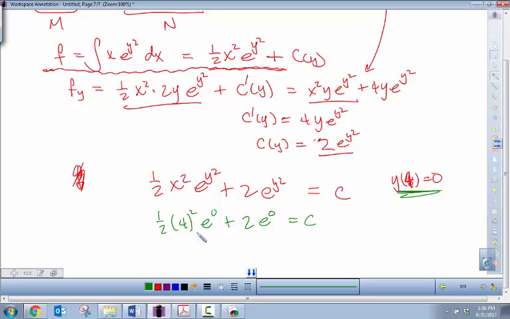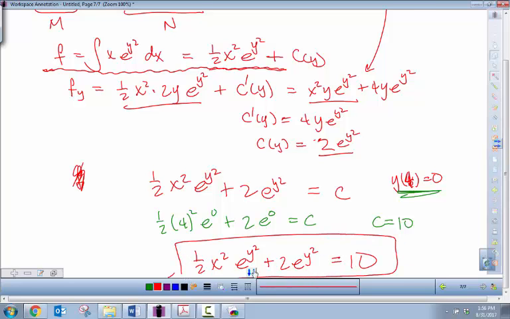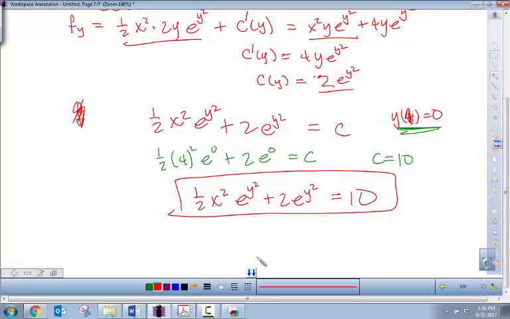This is 16, 8, 10. c is equal to 10? Now we have our particular solution to our initial value problem. Okay? All right.